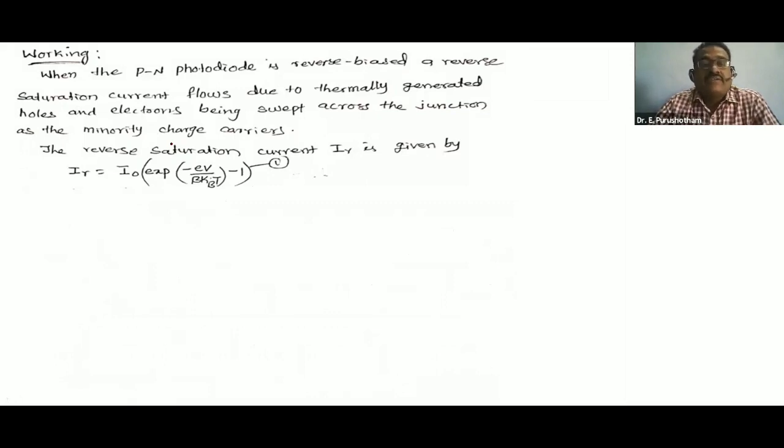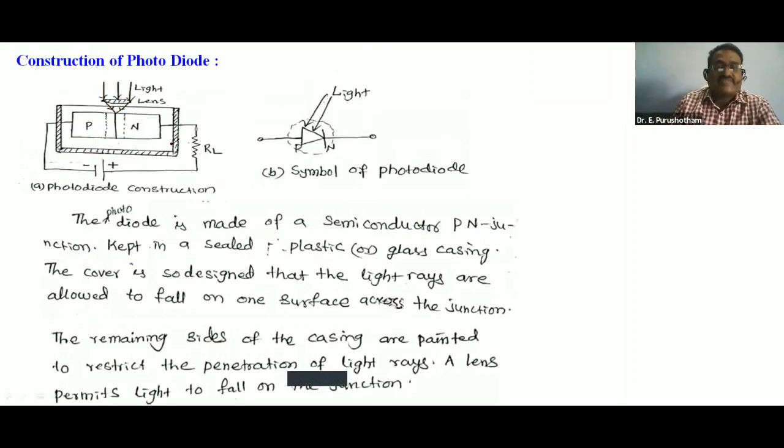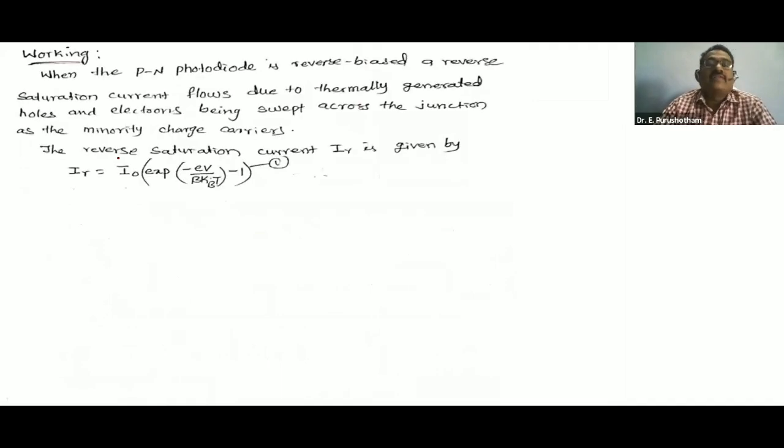Now, working. When the PN photodiode is reverse biased, the P-type semiconductor is connected to the negative terminal of the battery and the N-type semiconductor is connected to the positive terminal of the battery. Then the PN junction diode is in reverse bias.